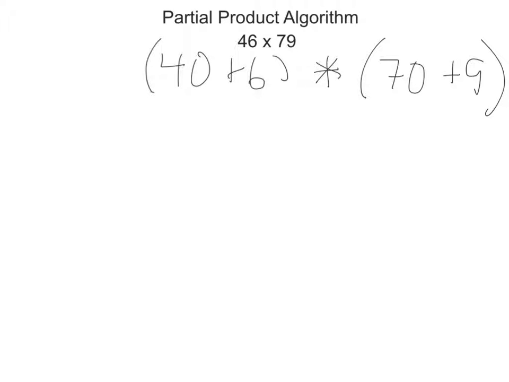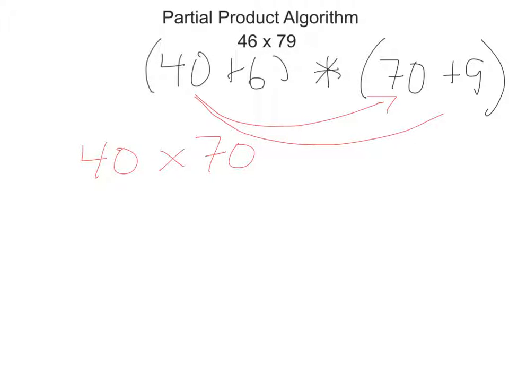As you can see, I'm going to be using some different strategies in order to solve this. One of the first things I'm going to do is multiply 40 times 70. I'm going to write that down here, 40 times 70. That's my distributive property. Then I'm going to do it again, 40 times 9.